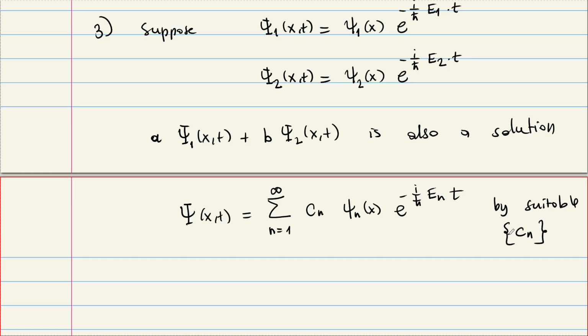For the moment I don't show you this, but hopefully in the second hour I'll show you why this is the case with explicit calculation. But for the moment, that's what it is.